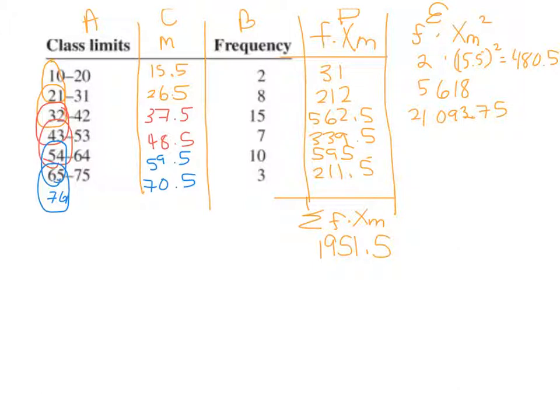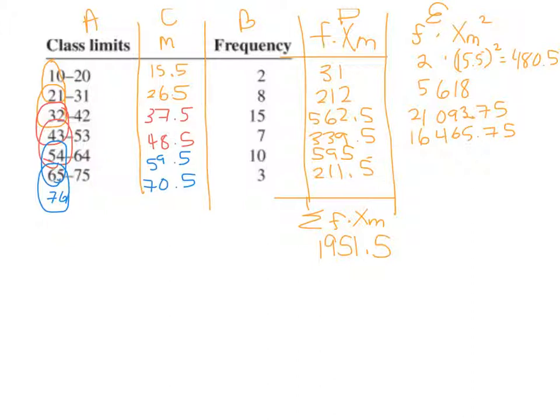Then I'm going to take 48.5 squared, times it by 7. And I'm going to get 16,465.75. Each midpoint gets squared. 59.5 gets squared.